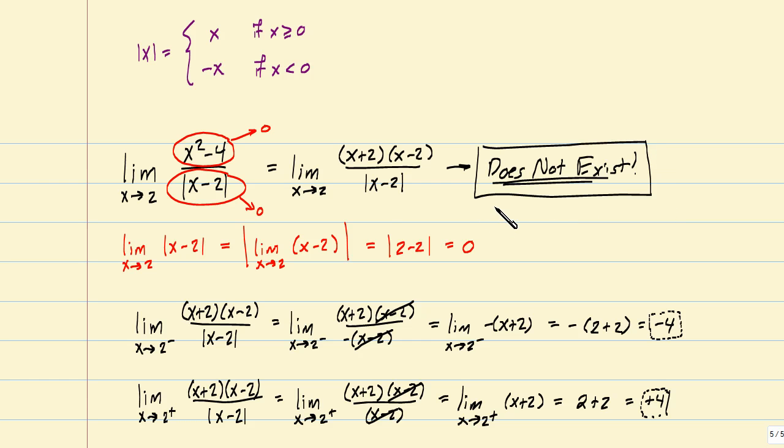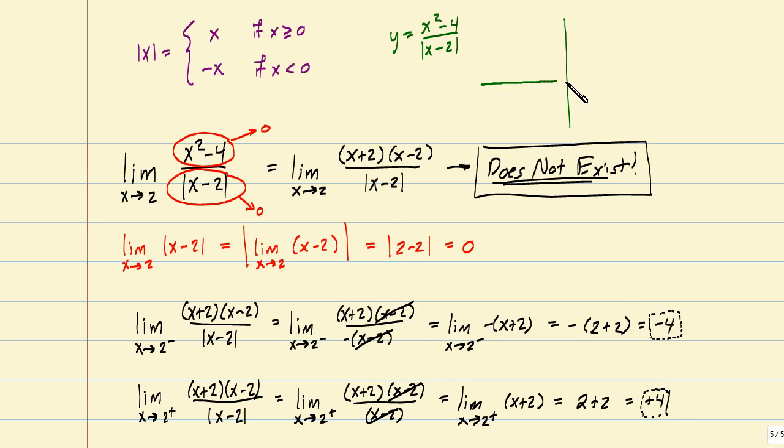However, we can say more than just that. We can look at things graphically here as well. If I were to graph this function, y equals x squared minus 4 over the absolute value of x minus 2, what this tells me is I would see something like this.